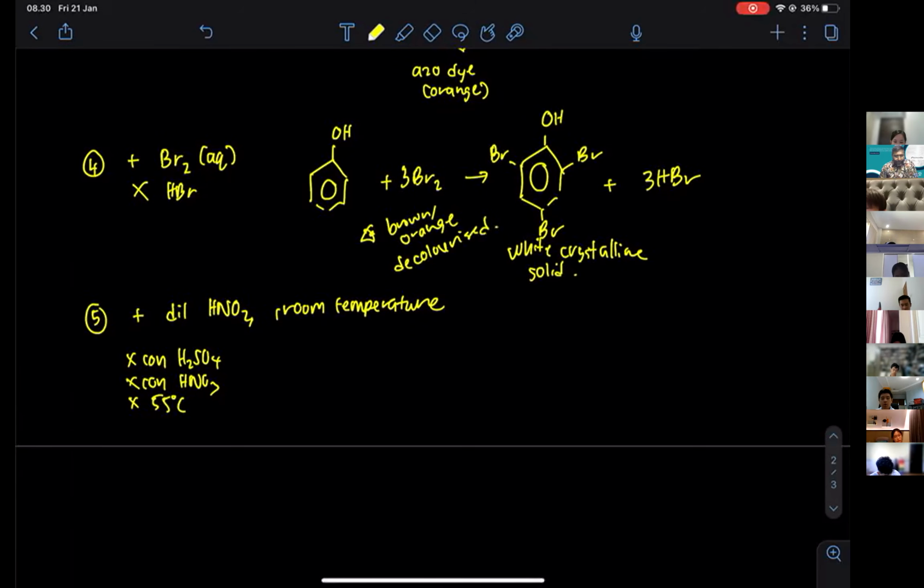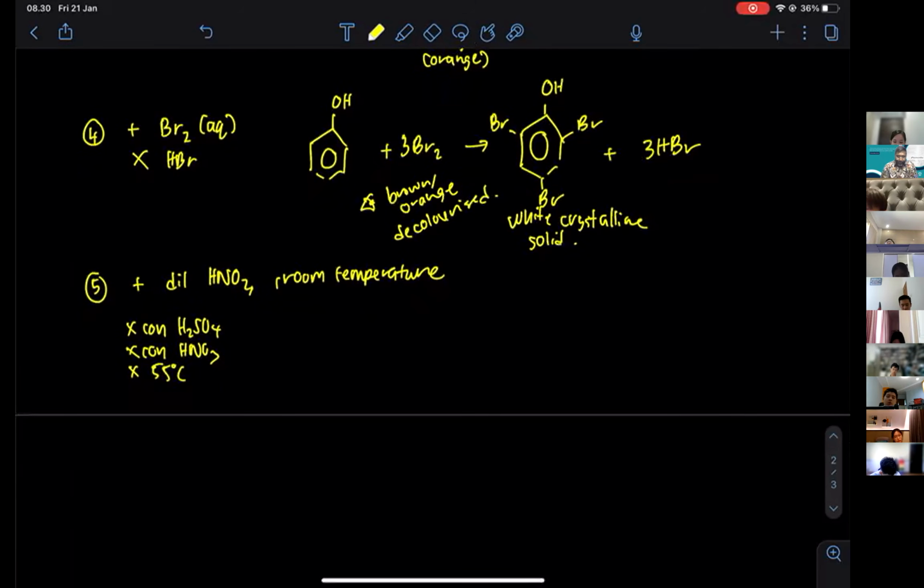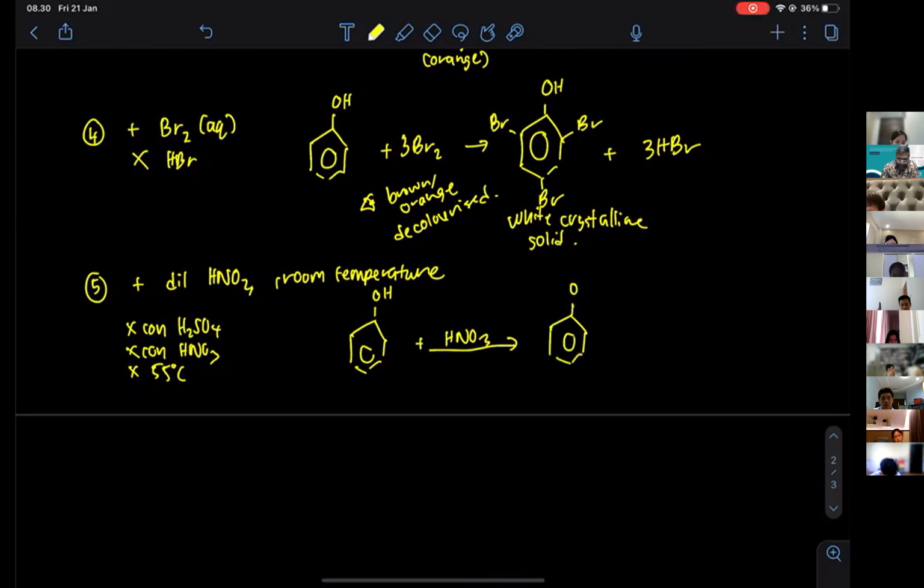And then with HNO3. So if you have this OH, when you react with the HNO3 directly, you no need to actually balance that, they don't require. The OH is going to bring the NO2 there, or it will give you a mixture. So OH at position number 4, NO2 here.